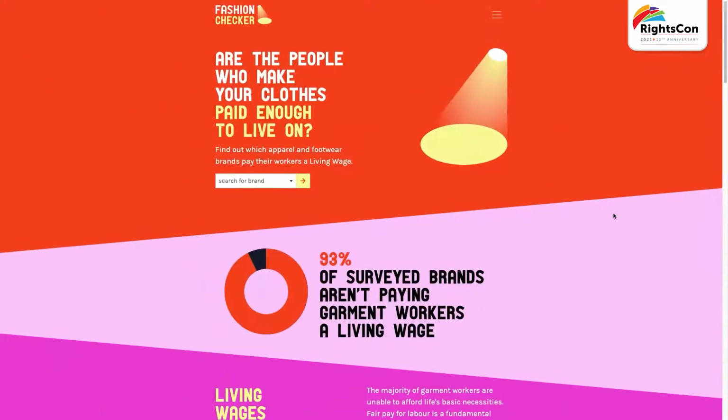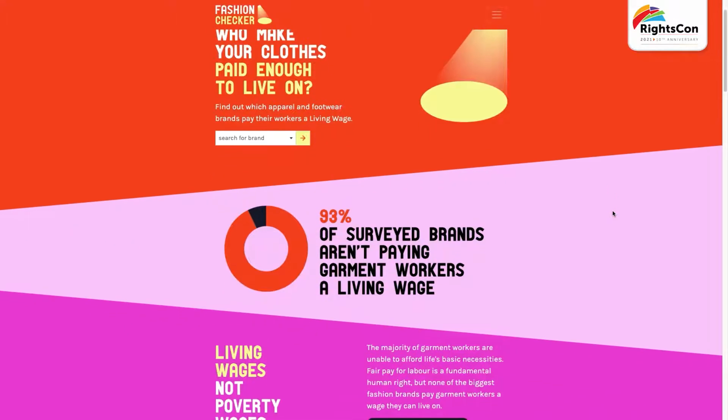Also this year, Clean Clothes will be releasing an update to the tool, which again scores the companies on their living wage commitments and adds new factory-level worker data to the dataset. By bringing this data into the public sphere, Clean Clothes have contributed a dataset that can be built upon and tracked year by year.